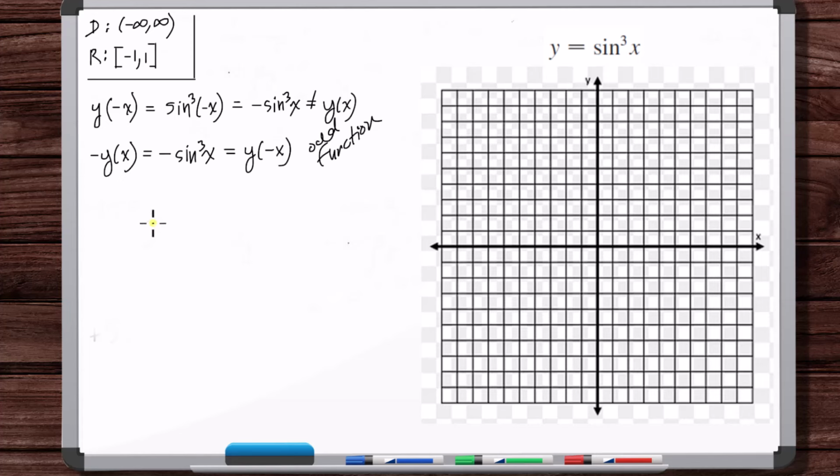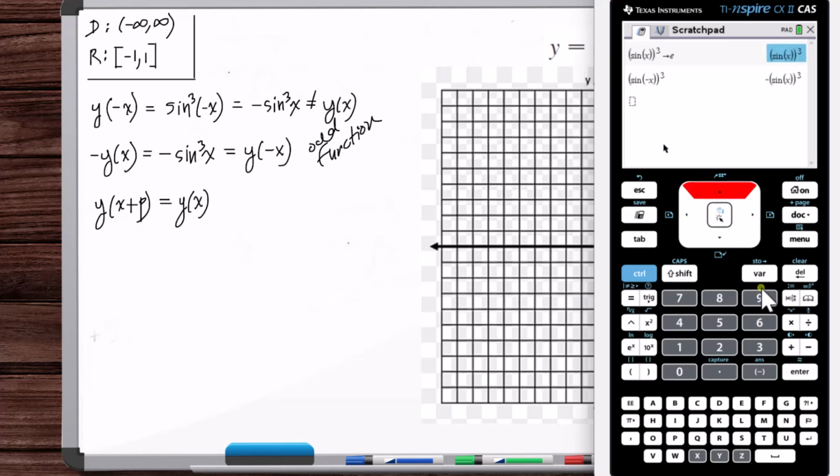Okay, now what about periodicity? If a function has periodic symmetry, then there's a number p such that y of x plus p is equal to y of x. The sine function has period 2 pi, so perhaps sine cubed of x also has period 2 pi.